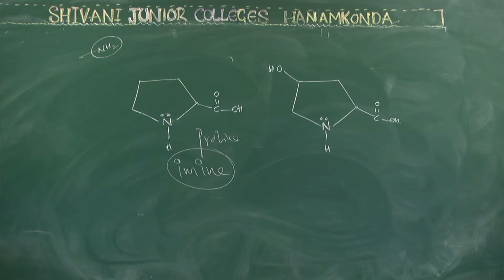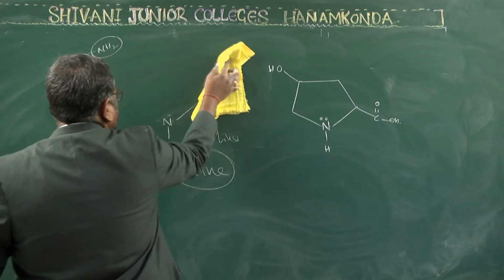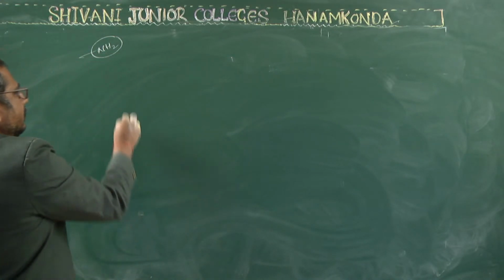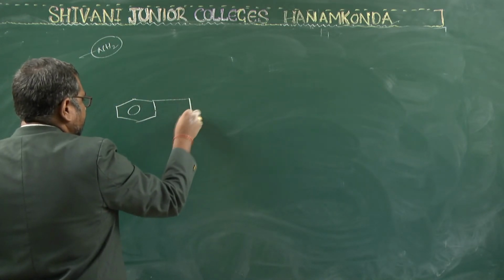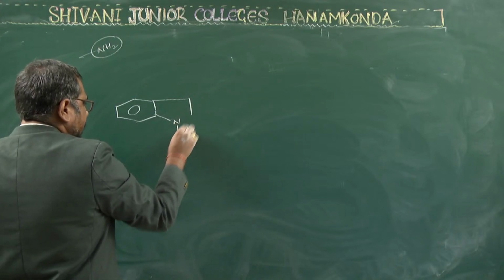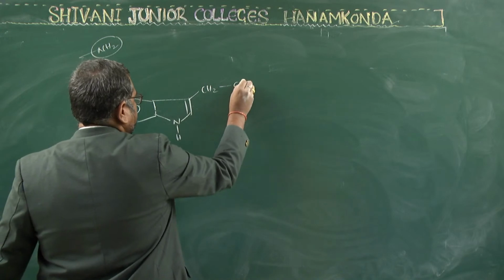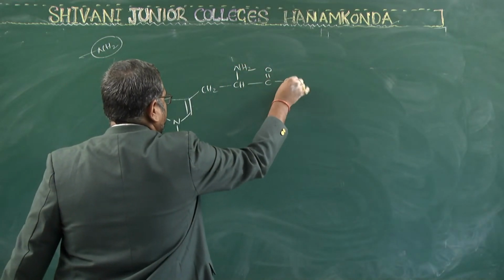Next, another one is aromatic heterocyclic amino acid. In that, tryptophan is the best example. This one is non-aromatic. And for aromatic heterocyclic amino acid, here this one is a phenyl group, and here an NH group is there, and CH2, CH, NH2, COOH.